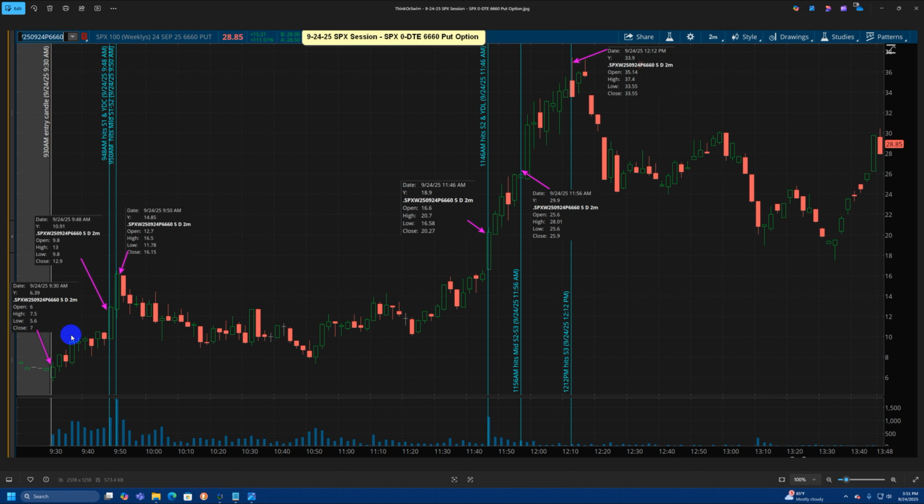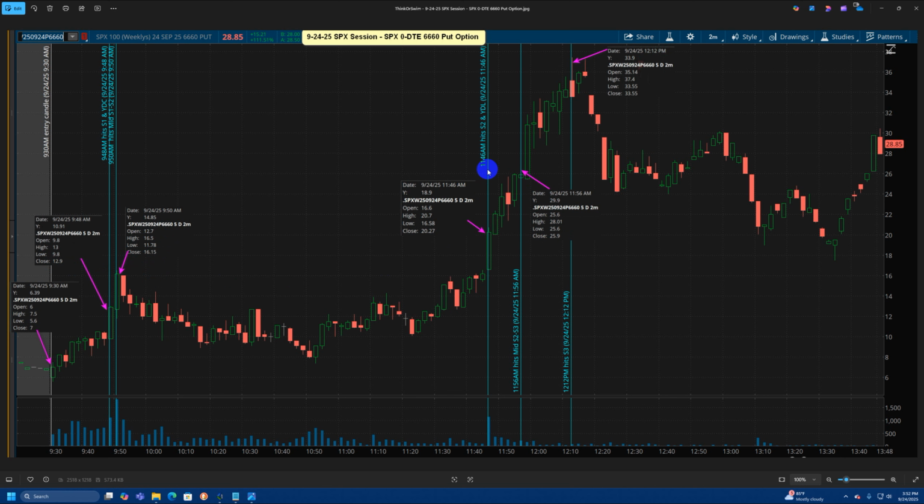Okay, so we'll just run through this then. So here at the 9:30 entry candle for the 6660 put, the price was $7. Here at the scalp at the S1 level, for scalpers out there, it was $12.90. Here at the 9:50 a.m. candle, when it hits mid S1, S2, it's $16.15.